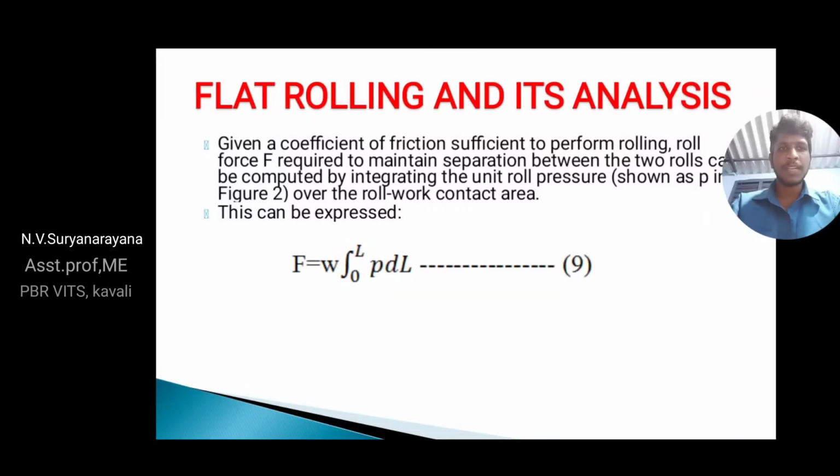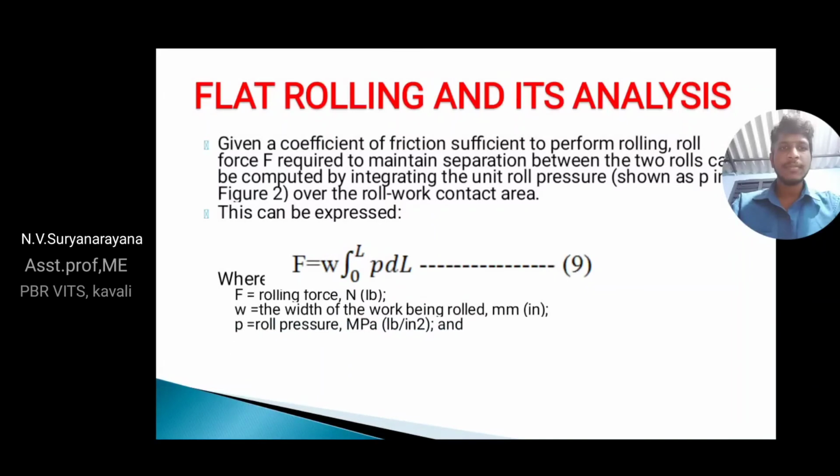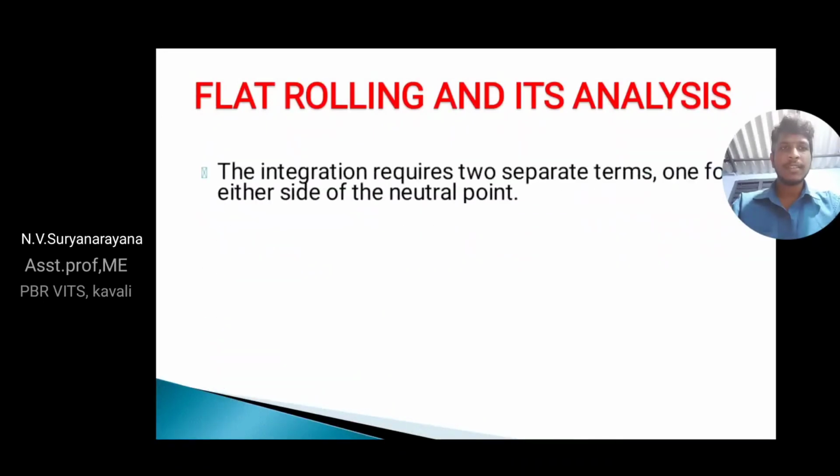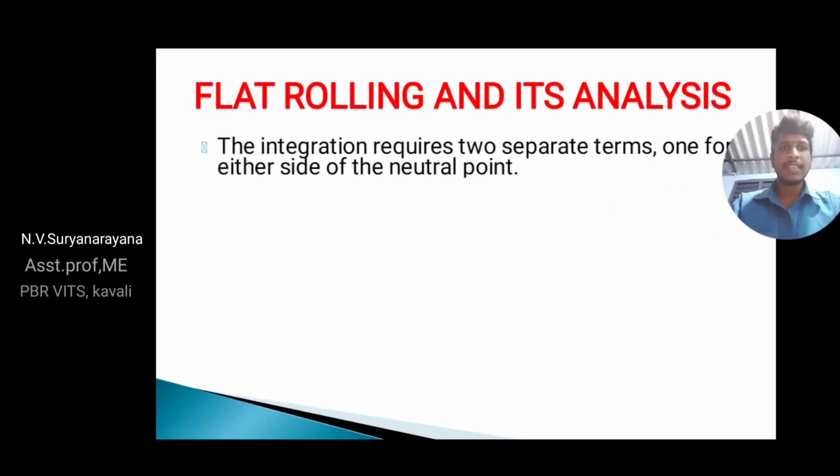Rolling force can be computed by integrating the unit roll pressure. Force F equals W integral 0 to L of P dL, where P is the pressure and dL is the change in length. Ninth expression: the integration requires two separate terms, one for either side of the neutral point.